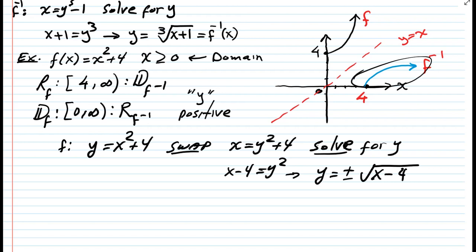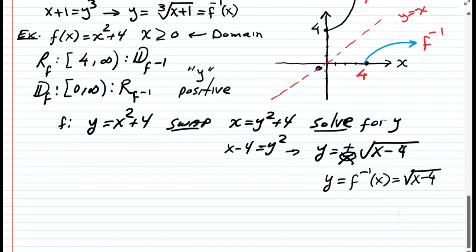Well, to get a positive range here, we're going to throw away the negative sign and keep the positive in front of the square root. Therefore, the inverse function is given by the square root of x minus 4. So that's got to be the square root function, the basic one. Let's move it to the right 4 units. And there we have the graph of the inverse as well as the equation of the inverse.